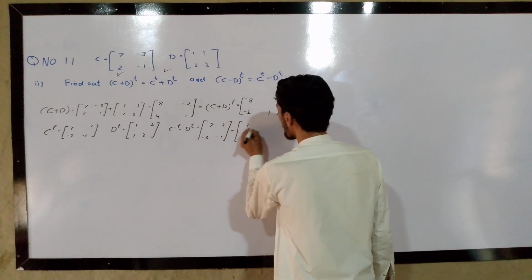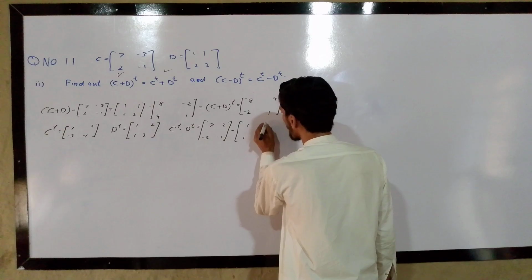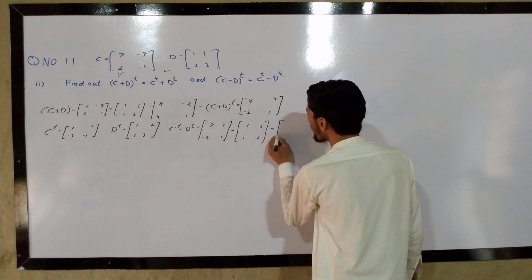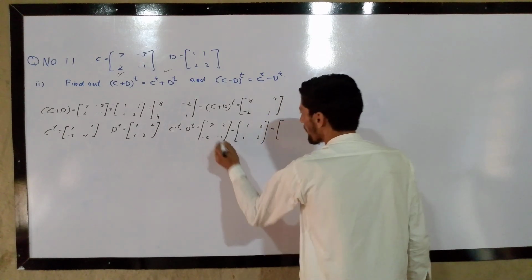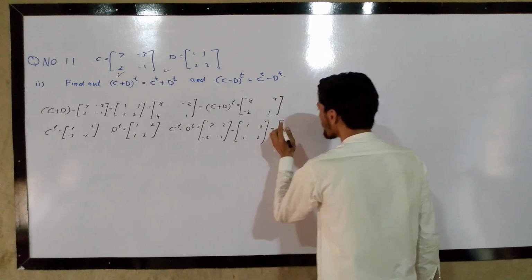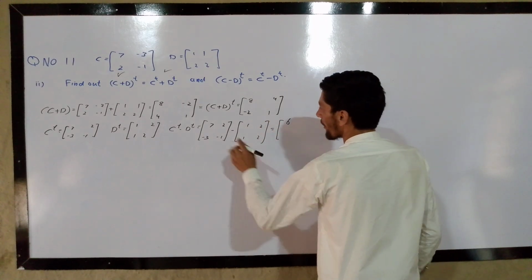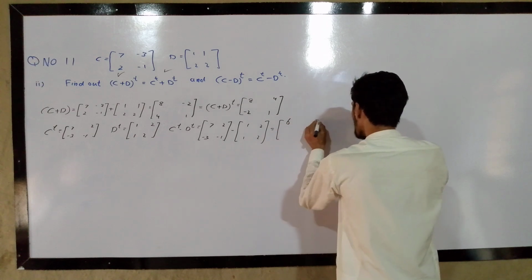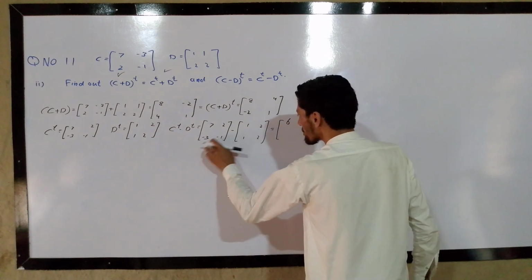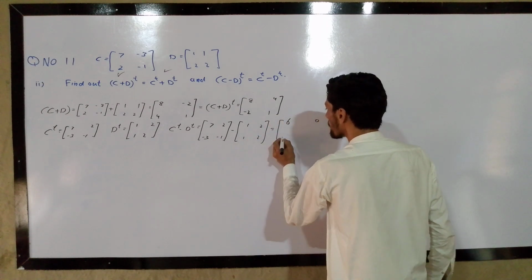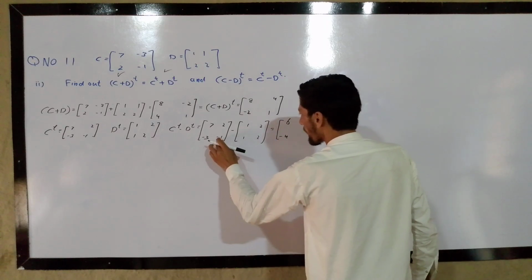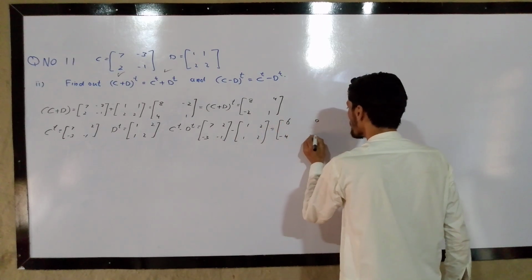After that, 1, 2, 1, 2. It will be equal to what right here? So 7 plus 1 will be equal to 8. Okay. 2 plus 2 will be equal to 4. Minus 3 plus 1 will be equal to minus 2, and minus 1 plus 2 will be equal to 1.